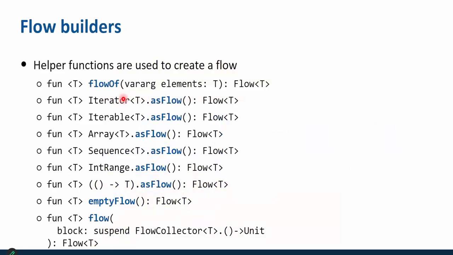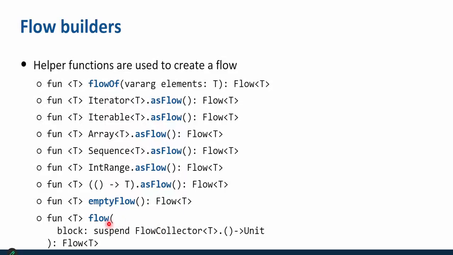Here are some methods just to give you a general idea of where you can expect to create flows from. You can, for instance, derive a flow from an iterator, from a collection, from an array, from a range, also from a lambda, if the result is appropriate. You can directly create the flow like we have done with listOf or sequenceOf, from just a list of elements here.